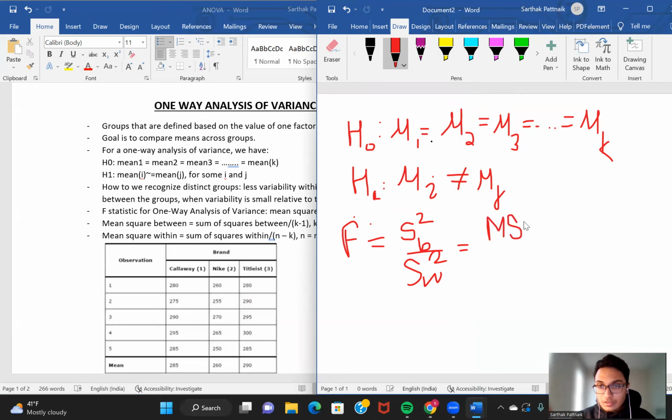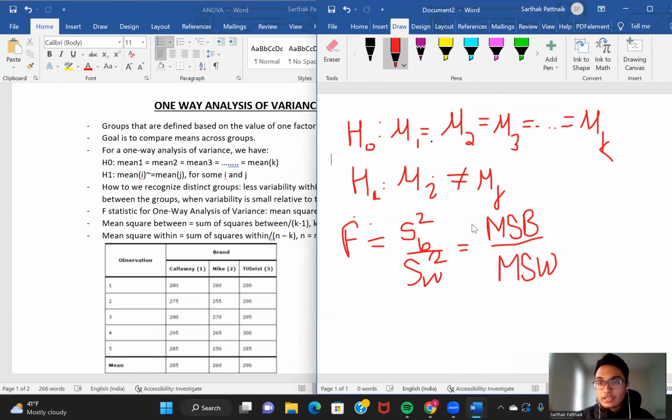So mean square of between the groups and mean square within groups. This is the value of my test statistic or F statistic.